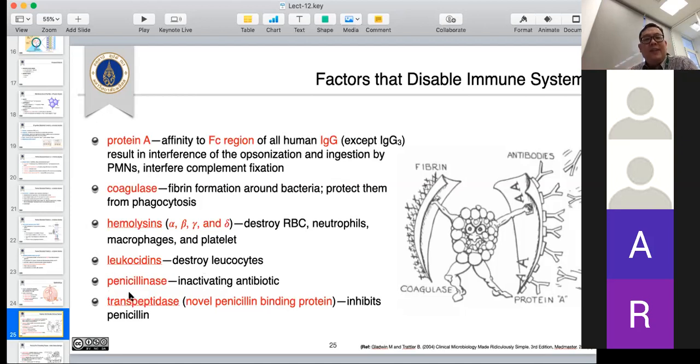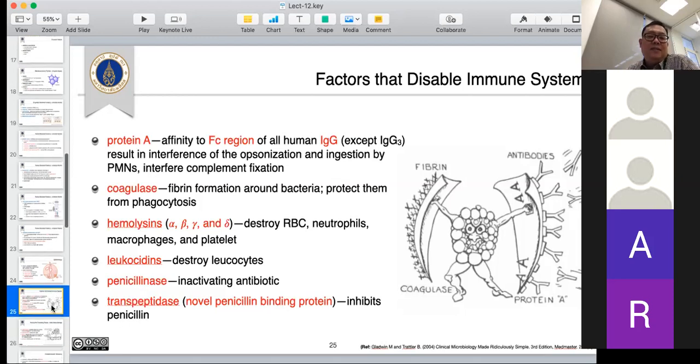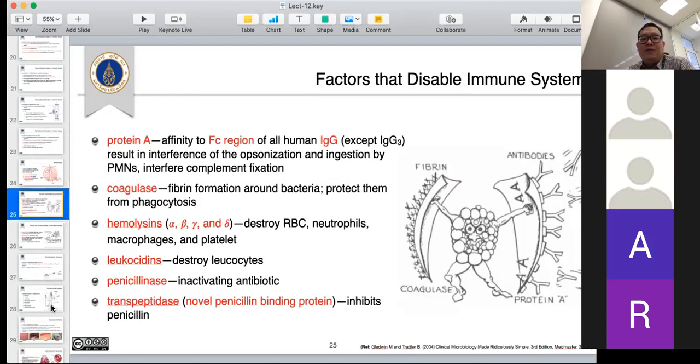They have penicillinase to inactivate antibiotics. They have several types of penicillinase. Okay, they have transpeptidase that inhibits penicillin, also present in MRSA, methicillin-resistant Staph aureus. Okay, that's the factors to disable the immune system.